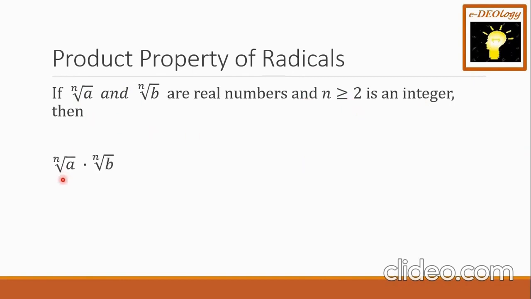Then, if we multiply the nth root of A by the nth root of B, the answer will be the radical with the same index n with the product of A and B. So you see here, the answer is the nth root of AB. This equation here is what we call the product property of radicals.